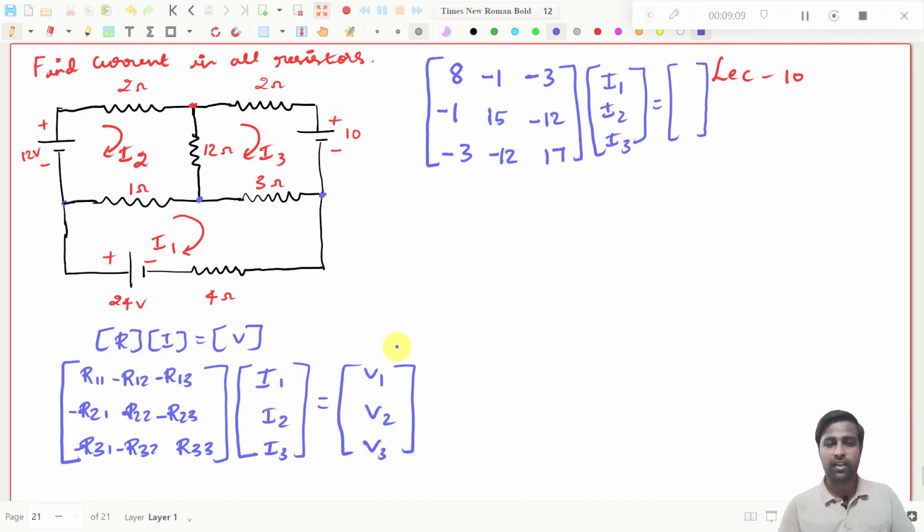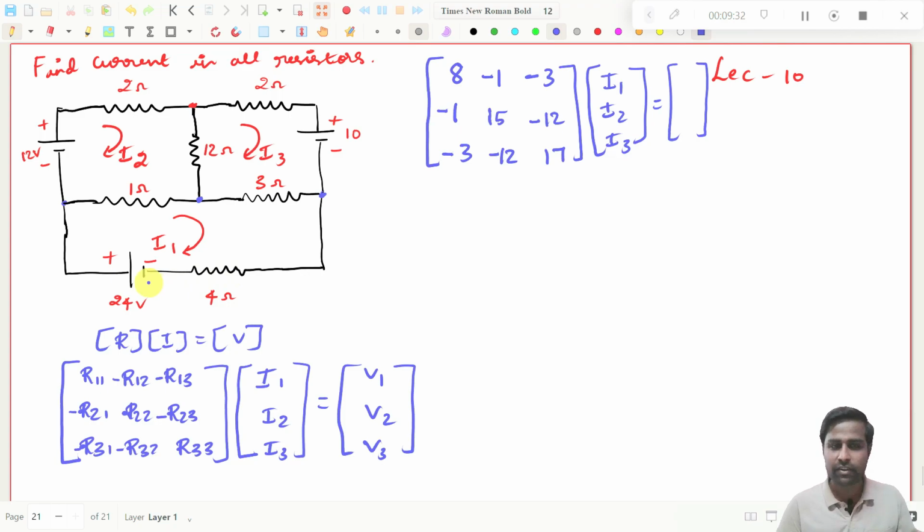So next V1. We need to find what V1 is. You see, we have taken the current direction in this way. So start from this point and you go like this, come here and come here. Whatever voltage sources you see, by the current direction you add or subtract the values, right? So go from here, come here.